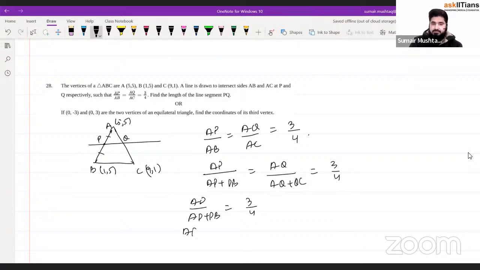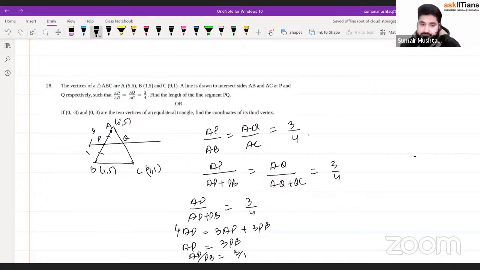Okay, so 4 times AP is equal to 3 times AP plus 3 times PB, right? So this is AP is equal to 3 times PB. So AP over PB is equal to, yes, AP over PB is equal to 3/1. That means this point cuts it in the ratio of 3:1. Got it. Same will be for Q. This cuts in the ratio of 3:1.